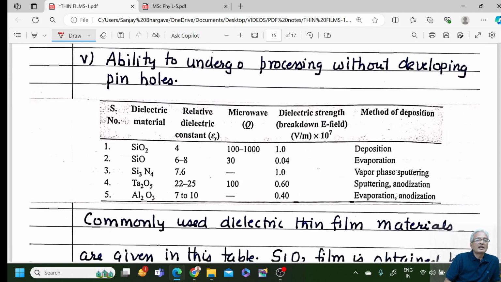So the various dielectric materials are SiO2, SiO, Si3N4, Ta2O5, Al2O3. The method of deposition is shown here, dielectric strength shown here, then the quality factor that they are able to exhibit at microwaves, then this column gives the values of the dielectric constant.